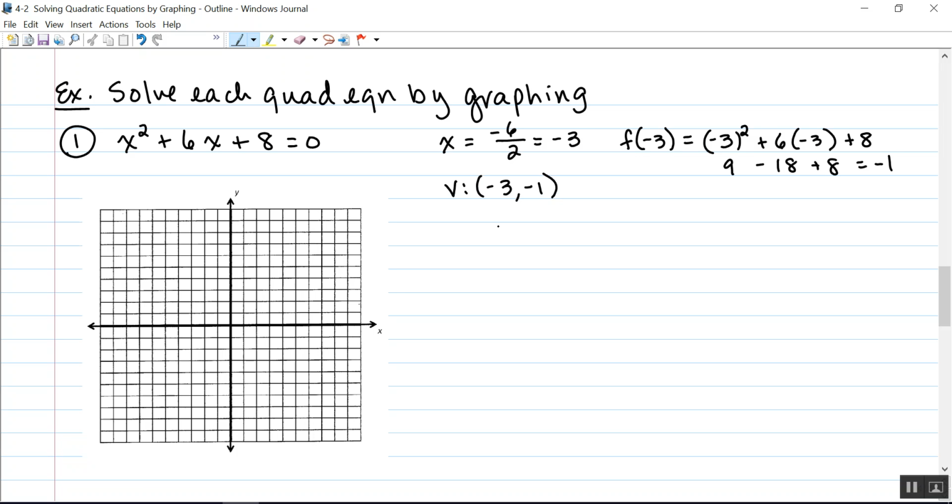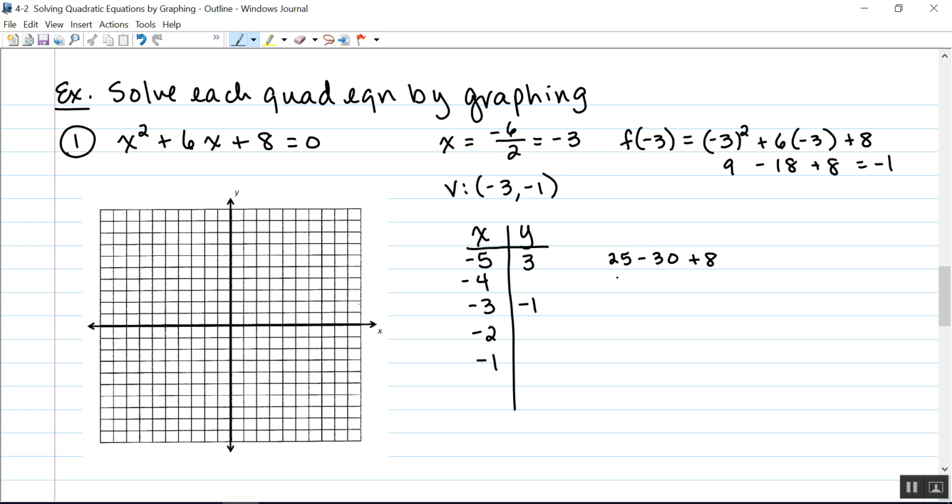I'm going to go ahead and make a table of values. And I will put the vertex in the center of my table. And I'll choose two x values smaller and two x values larger. Okay, so plugging in negative 5 is going to give me 25 minus 30 plus 8, or a positive 3.